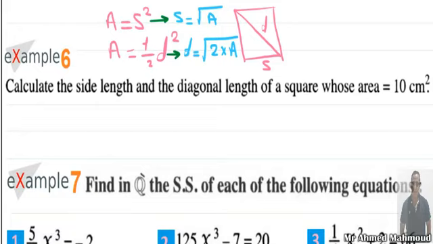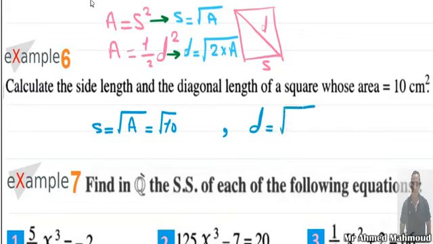Here we have the area equal to 10. To find the side first, side equals square root of the area, which equals square root 10, and the diagonal equals the square root of 2 times the area, which equals square root of 2 times 10.